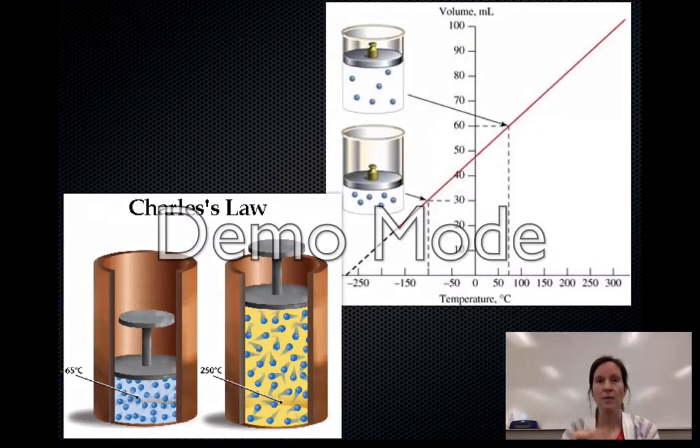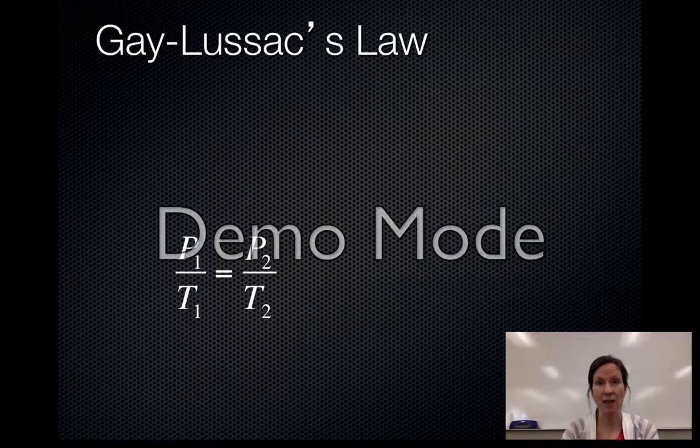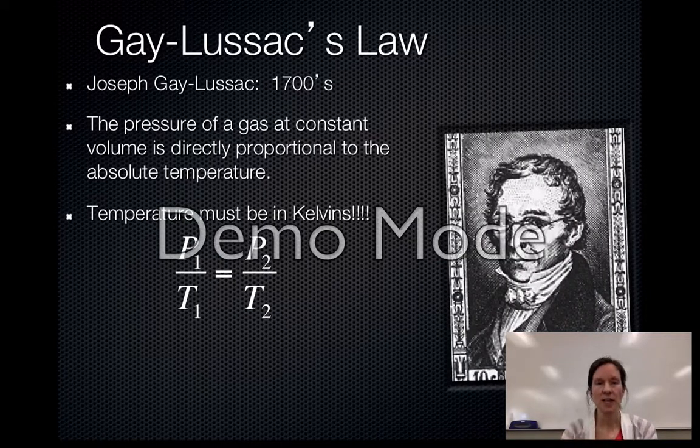We've already looked at pressure and volume, and volume and temperature. The last one we look at is pressure and temperature, and that's Gay-Lussac's law. His was the last one. They were all kind of working around similar times. For him, if you don't change volume and you allow pressure to change, what we find out is that if you increase the temperature, you increase the pressure.